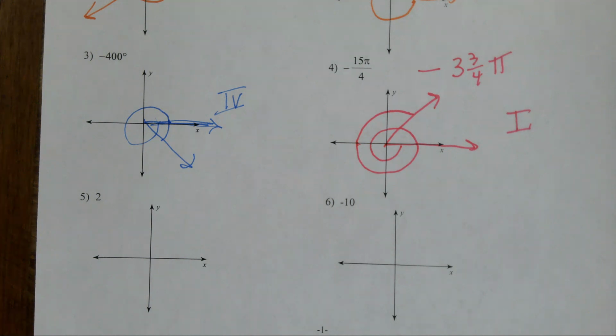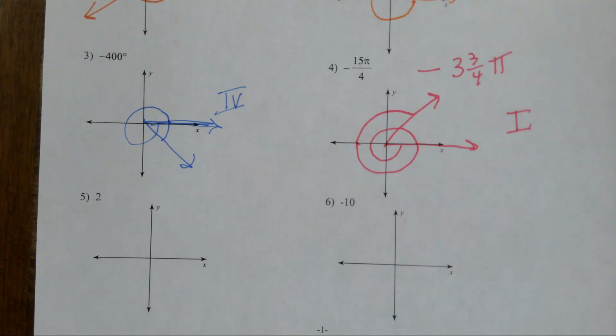Now, what gets a little messy, and another thing that gets a little confusing to people sometimes, is when we focus on radians. It's important that we understand just because it has pi in it doesn't make it a radian. What makes it a radian is that it doesn't have degrees.